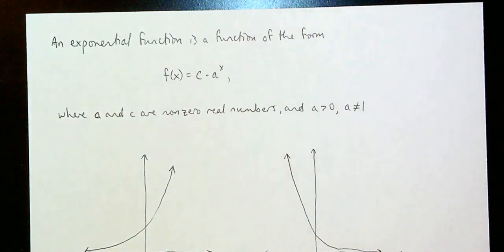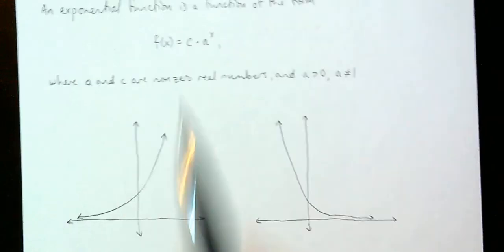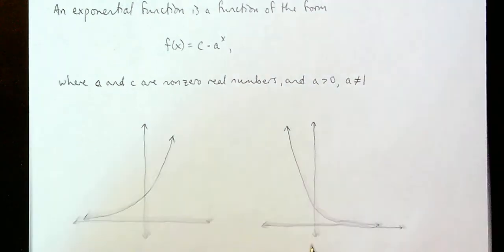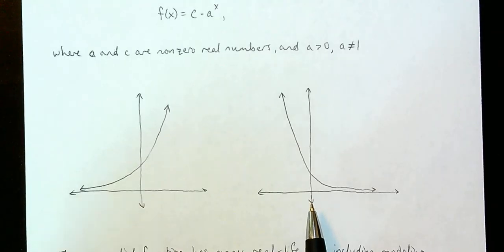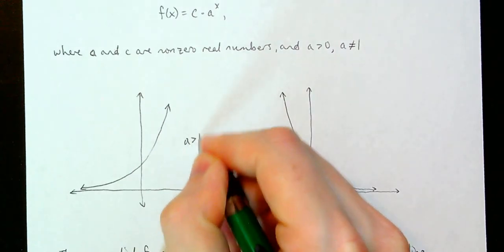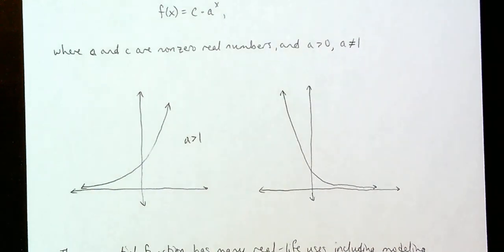Now, based on what your a value is, based on what the base is on that variable x there, that will impact what the shape of our graph looks like. I have the graphs of two different types of exponential functions here. If a is greater than 1, then we're going to have the graph on the left. The function is going to increase or go up as we move to the right.